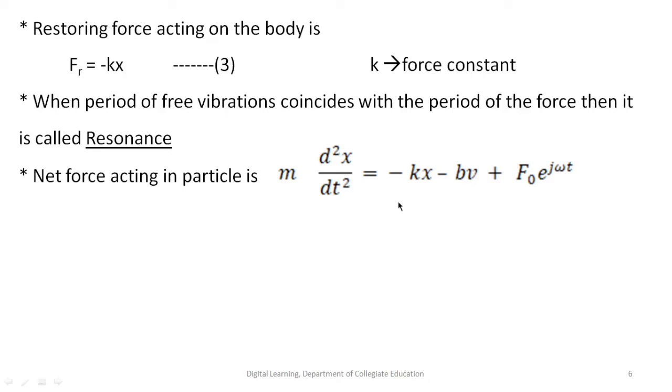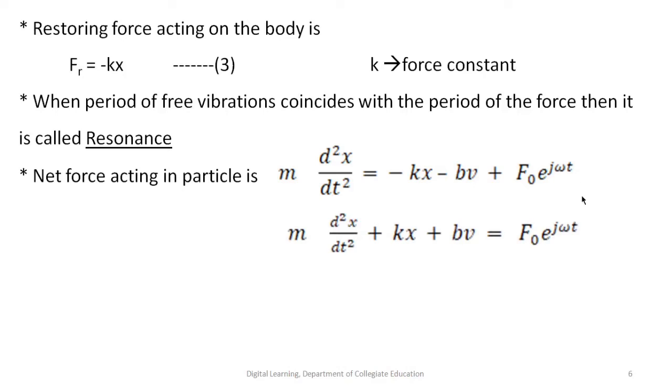Therefore, F is equal to the sum of all the forces acting on the body which is under vibration. Then m into d square x by dt square is equal to minus kx minus bv plus F naught e power j omega t.